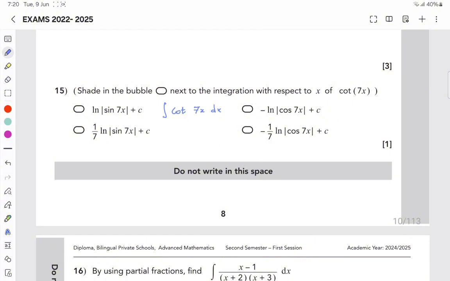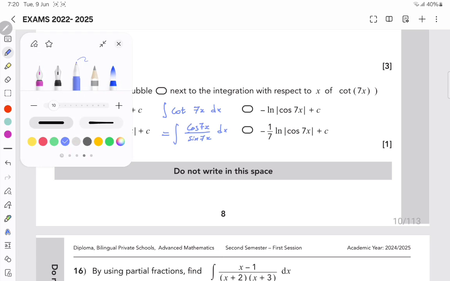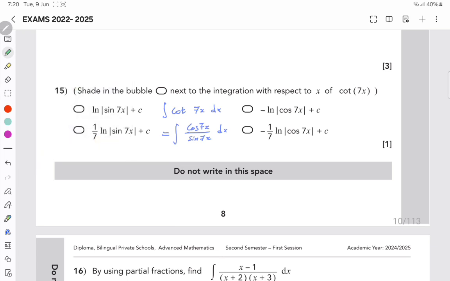But we don't have a rule for tan or cotan, so that means we will replace cotan by cosine for the same angle over sine 7x with respect to x. And in general, we test the derivative of the denominator. If you have a fraction, you try to rewrite it as f prime over f. So test the derivative of the denominator here, d by dx, for the denominator, which is sine 7x.